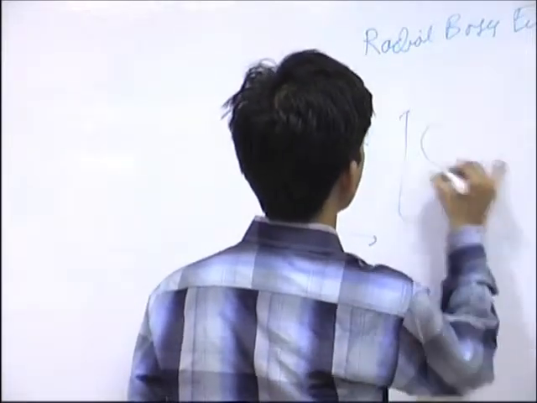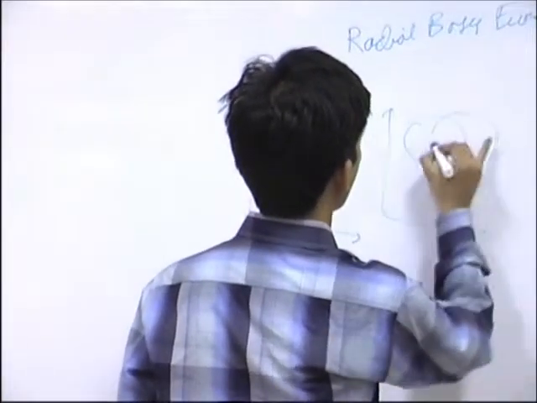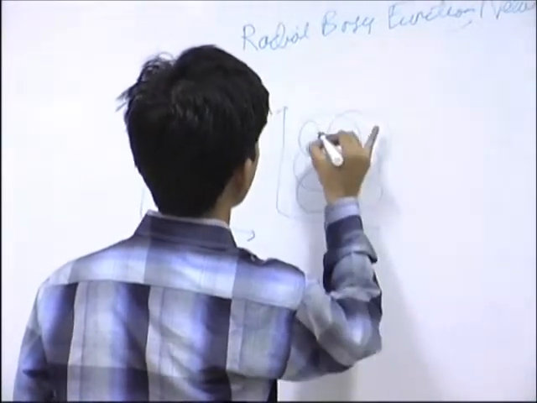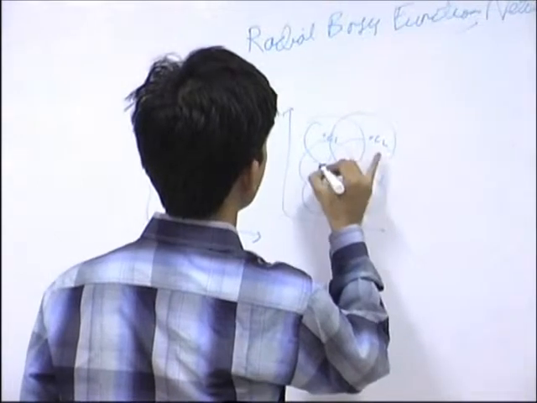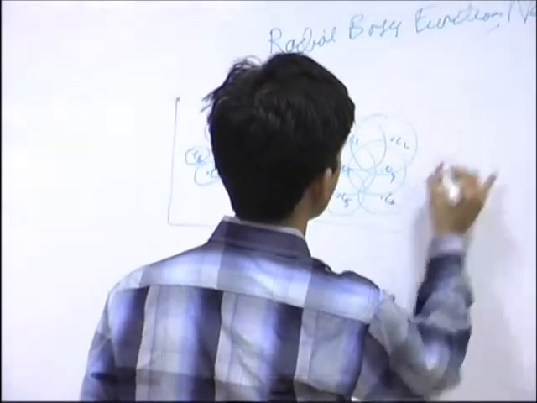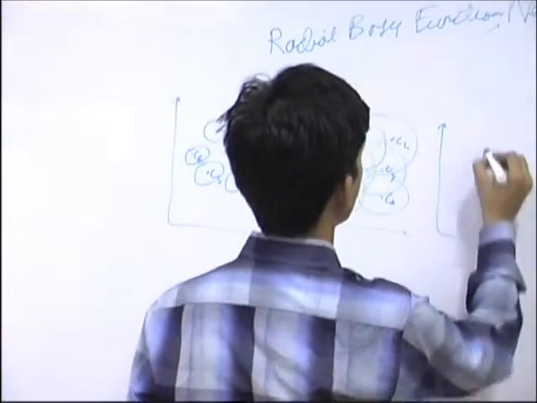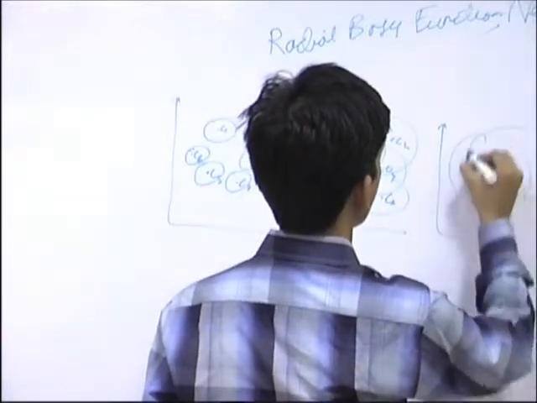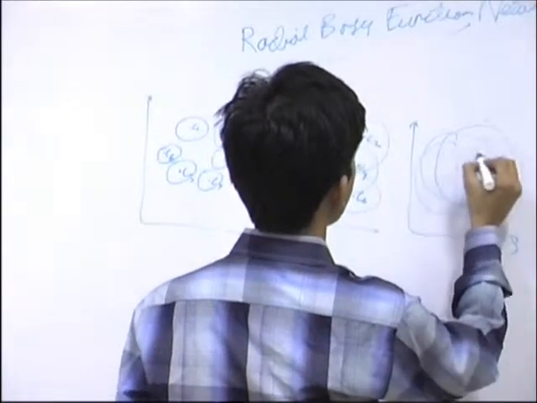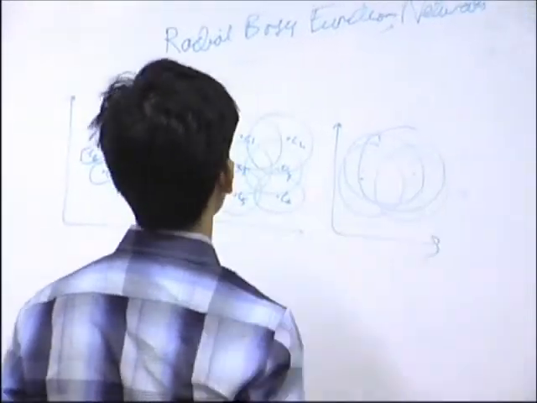The other curve was a C1 over here, a C2 over here, a C3 over here, a C4 over here, a C5 over here, and a C6 over here. And the other curve would be, let's say, C1, C2, C3 and C4 over here.